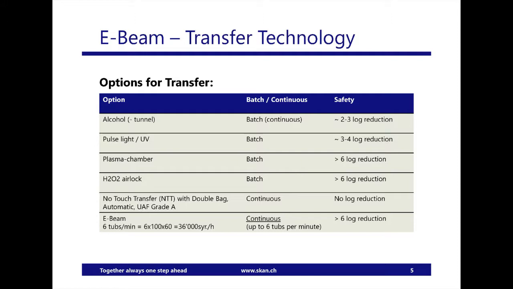It can have a continuous transfer of up to 6 tubs per minute, which means 36,000 syringes per hour. If you use a nest with 160, it's around 57,000. And for safety, we have more than a 6 log reduction. Actually, if you look at the spores, it's a 12 log reduction we talk about here. So these are our options, and I'd like to introduce you to the e-beam option.